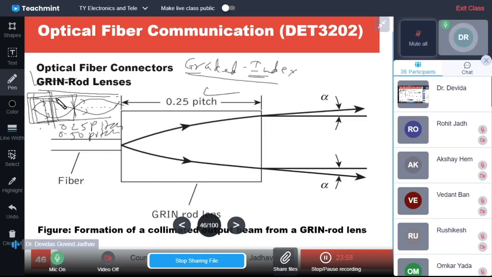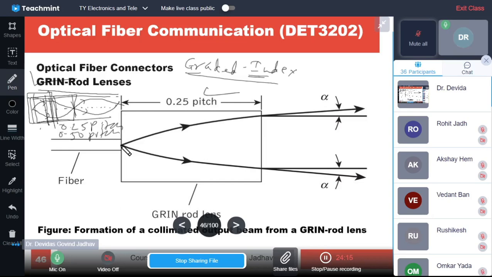We can cut here 0.29, here 0.23, here 0.24, here 0.30, and so on. 0.45, 0.37, whatever pitch we require.